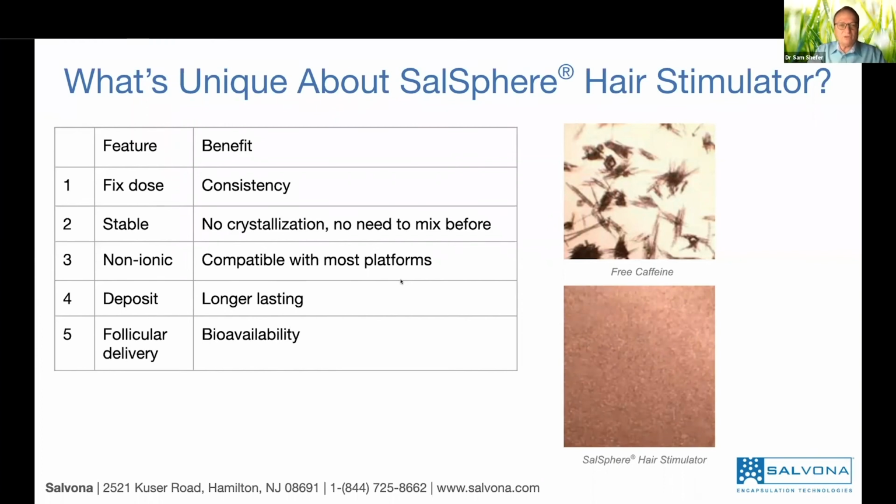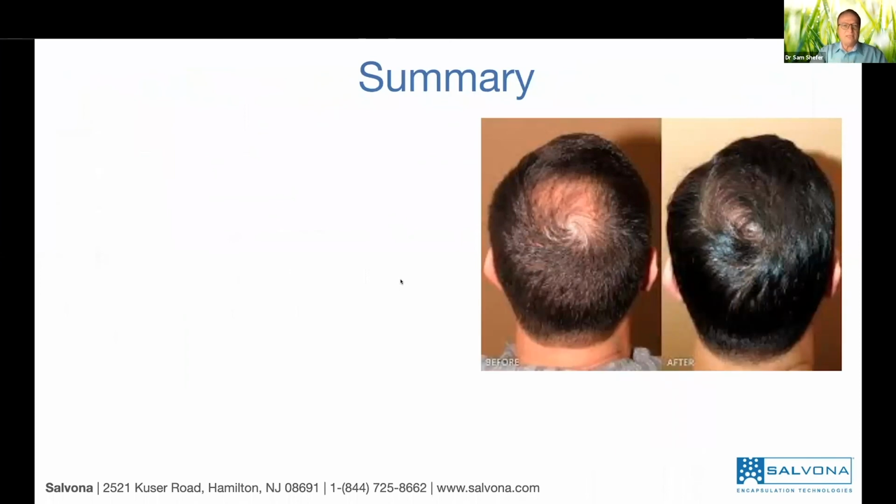It's not enough to expose the active ingredients for a minute, let's say, and that's it per 48 hours. No, you just have to continuously trigger the system. And number 5, which is the major benefit of this technology, is the follicular delivery. That's what makes the functional ingredients available at the hair follicle. And these are the 5 points that differentiate this technology from other things.